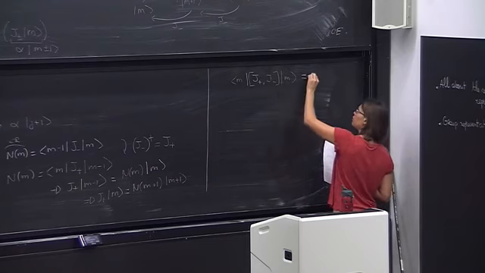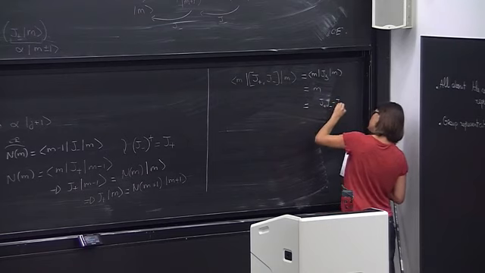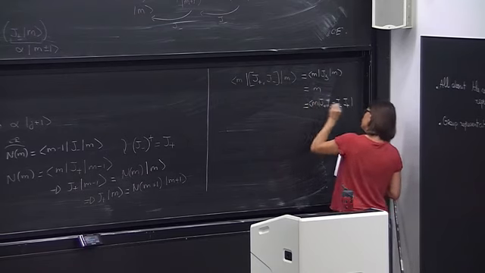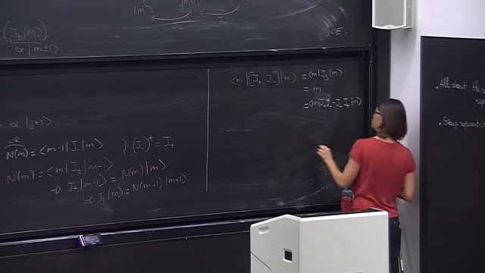Maybe I should write the steps. So this is also J3 on m, and this is equal to m. But now we can also use the fact that this is also equal to J plus J minus minus J minus J plus, and we want to look at the matrix element of this combination.